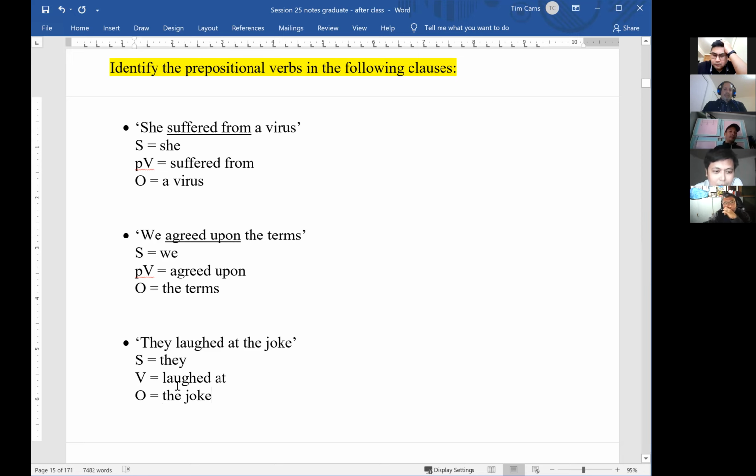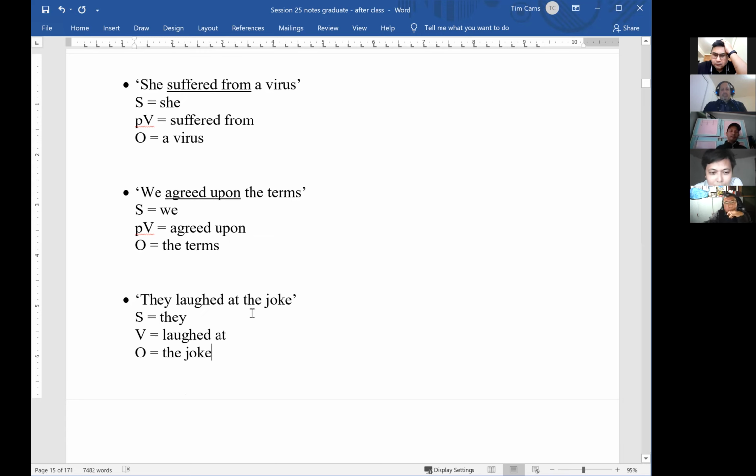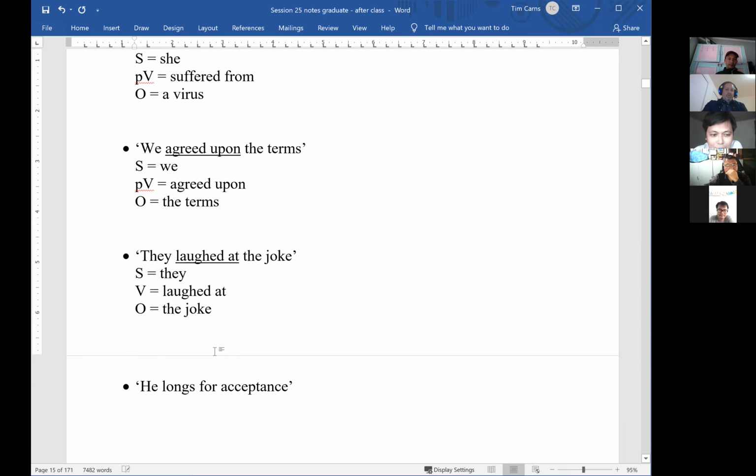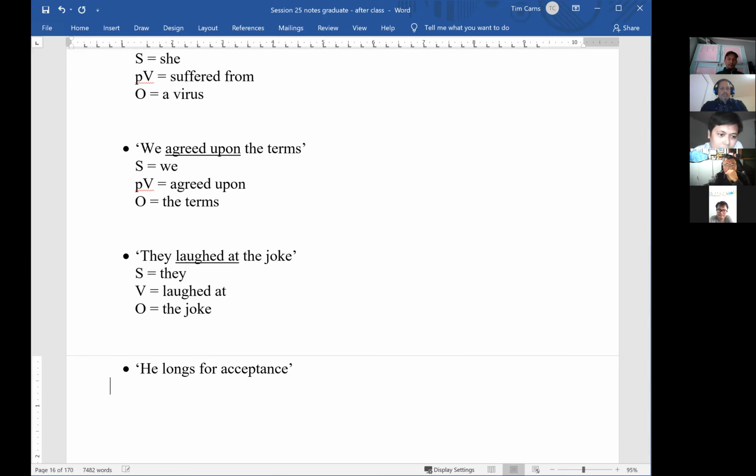Again, the verb they laughed the joke doesn't convey the full idea. So laughed at is the full verbal idea. I'll give you one more, Manny. He longs for acceptance. The subject is he. The prepositional verb is longs for. And the object is acceptance. Very good.